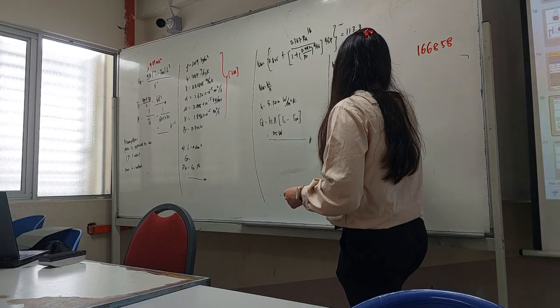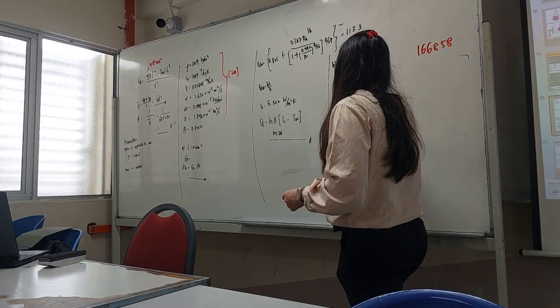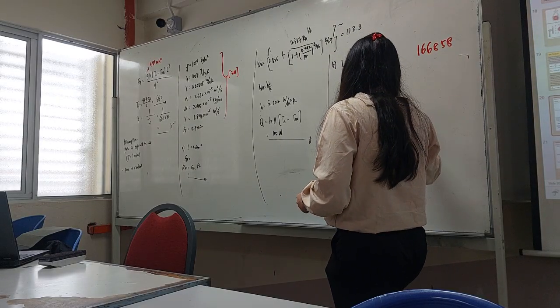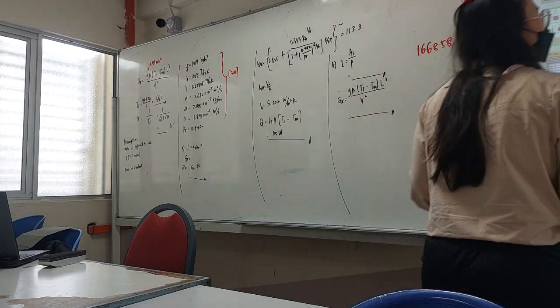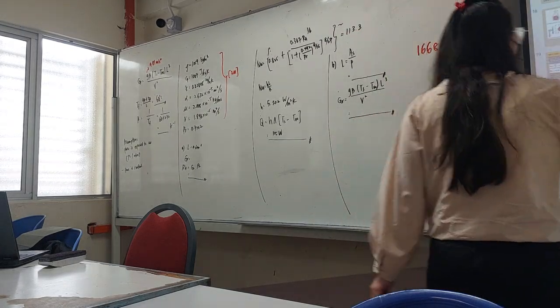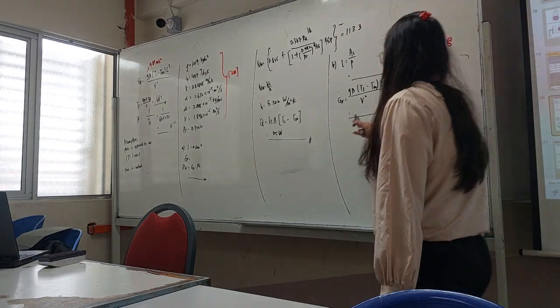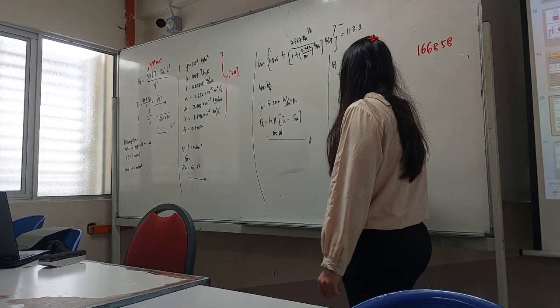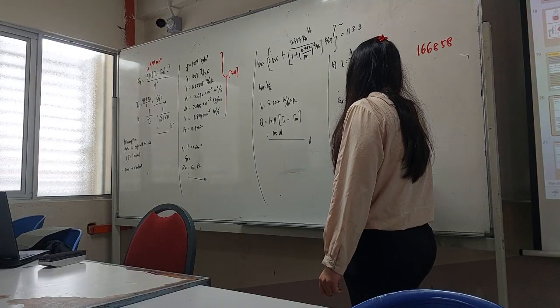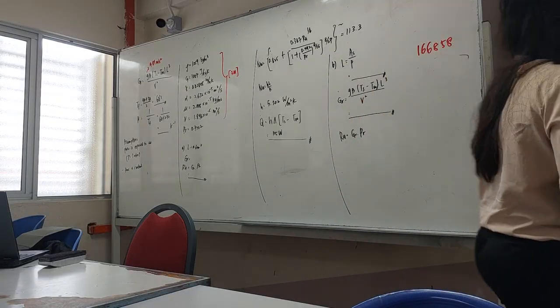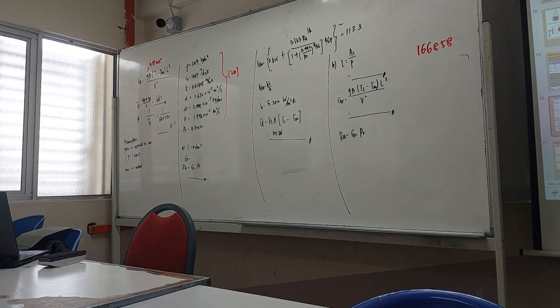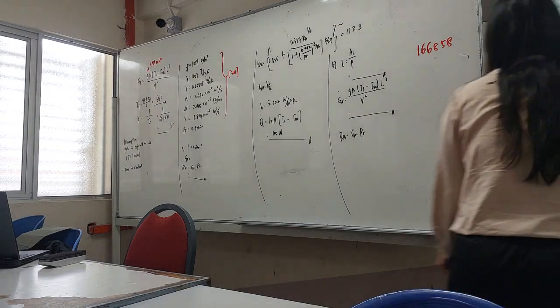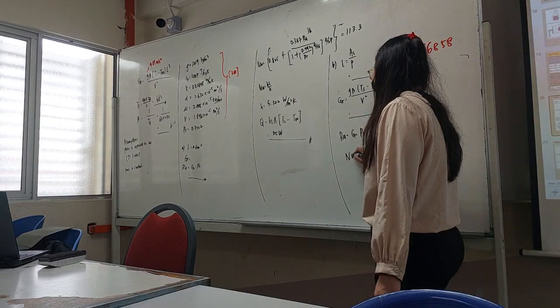By using the L value and D value, you get the answer. In the table, they give you the Rayleigh number ranges. So calculate the Rayleigh number, and you see where it falls. Then you come up with the Nusselt number equation.